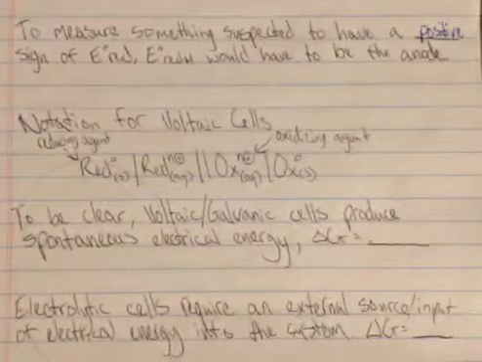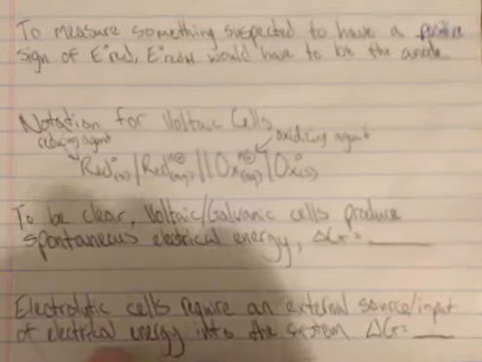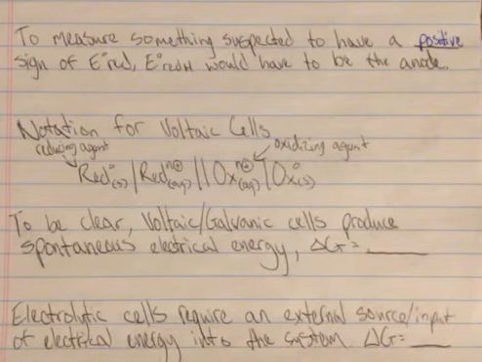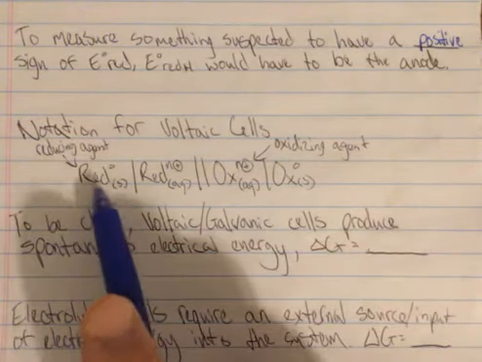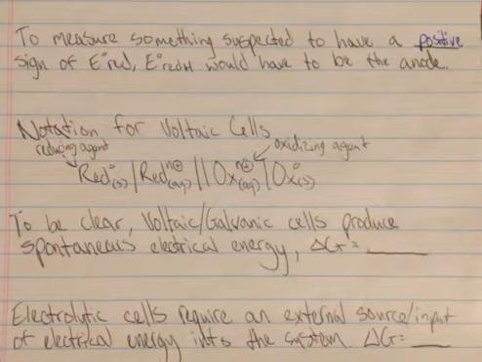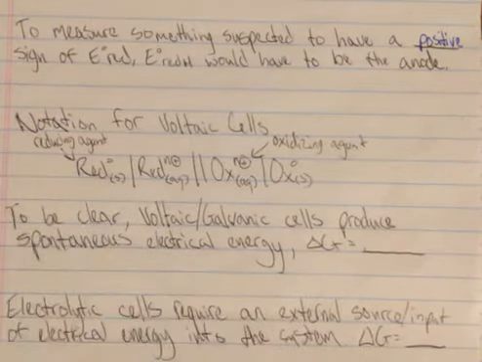Okay, so here's just a general breakdown or generic representation of notation for voltaic cells. That RED that you see right here was referred to as the reducing agent. So that means it's the species that's going to give electrons off. Notice how it's in the solid state here.